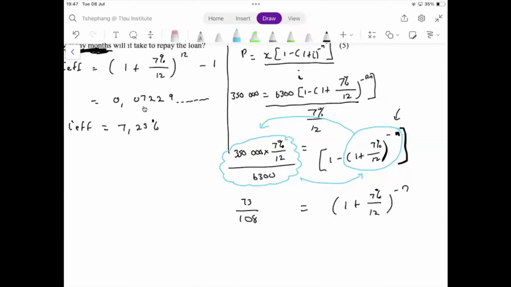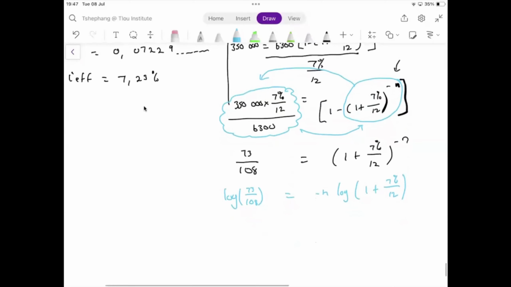Then what do we do when it's like this? You log both sides. So log of 73 over 108 is equal to negative n log of 1 plus 7% over 12. Then what do we do?